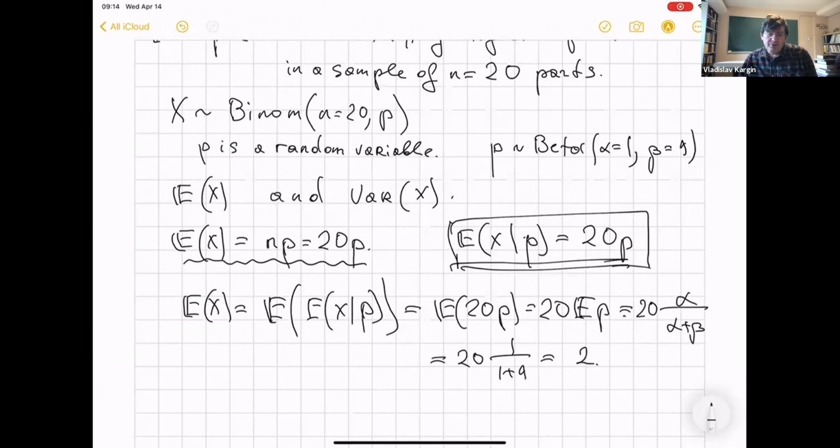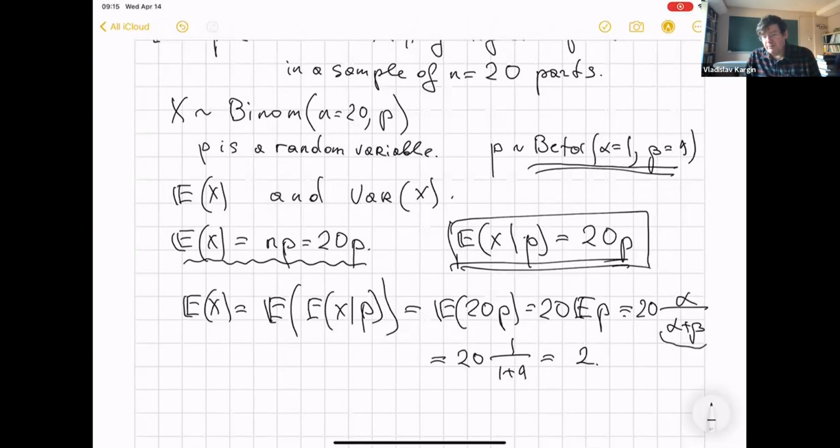And in principle we could do this intuitively. We know that the expectation of X is equal to 20p. What's the average value of p? The expectation of p is equal to 1/10, using the formula for the beta distribution.